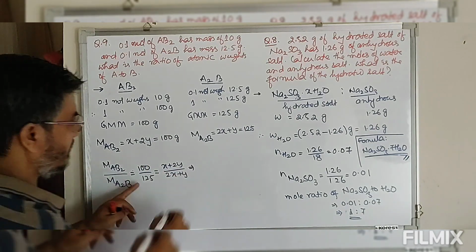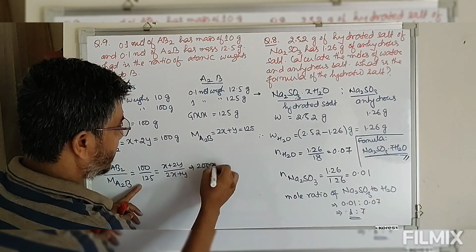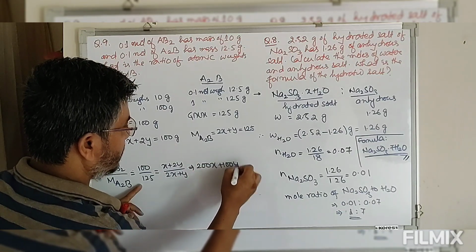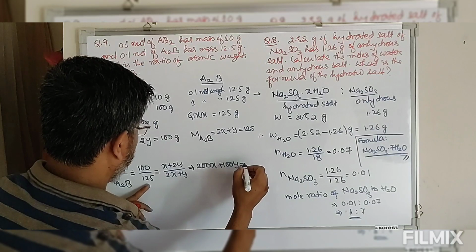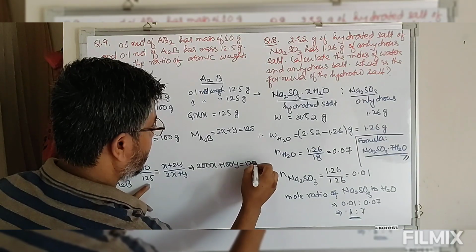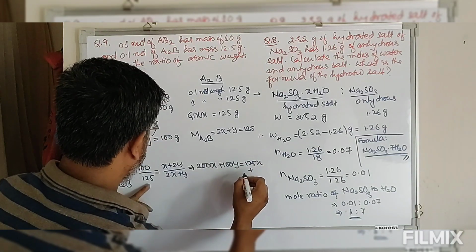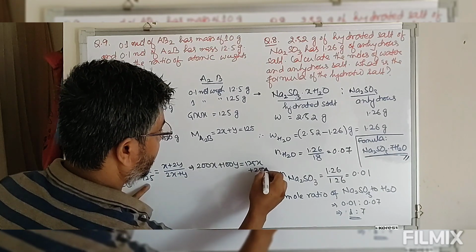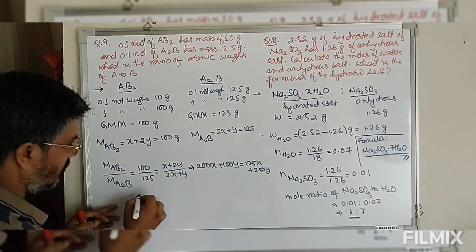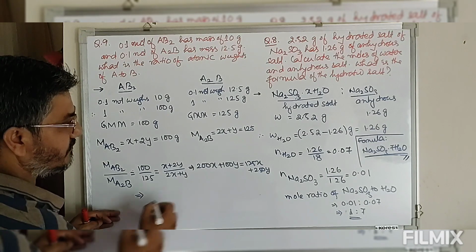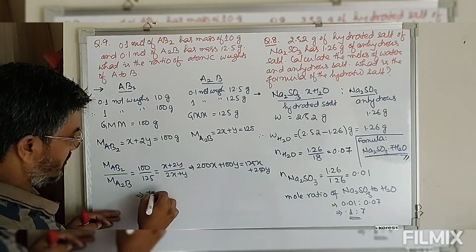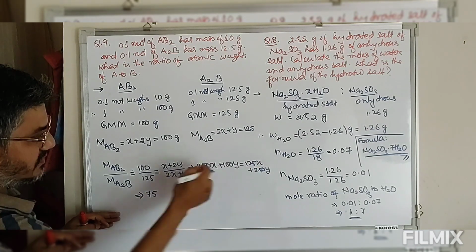So therefore, on cross multiplication we have 200x plus 100y equals 125x plus 250y. So on rearranging this, we transfer x to the right hand side.